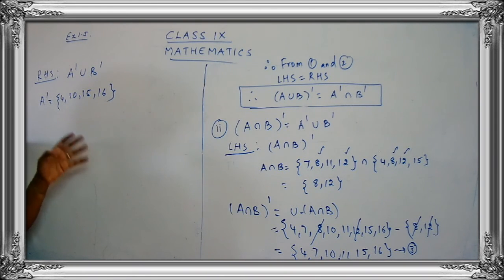You have it in your book, so you can just copy the value for A dash. A dash is 4, 10, 15, 16. Already we have found A dash for case 1 in the first part, so no need to find U minus A once again. Similarly, write the value for B dash directly.